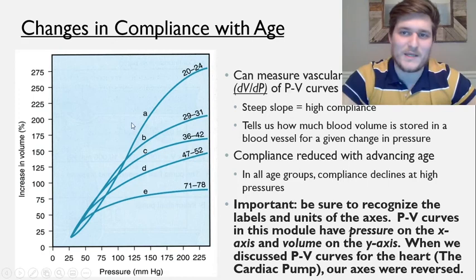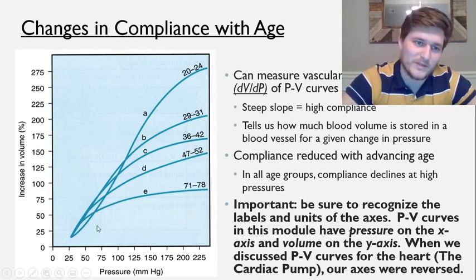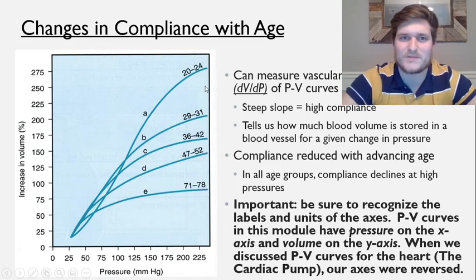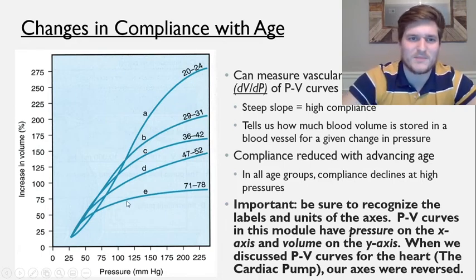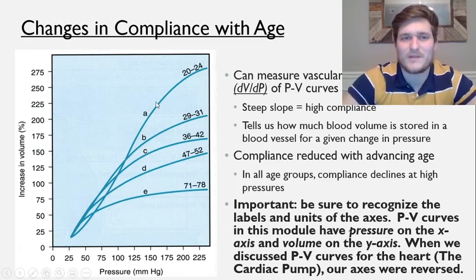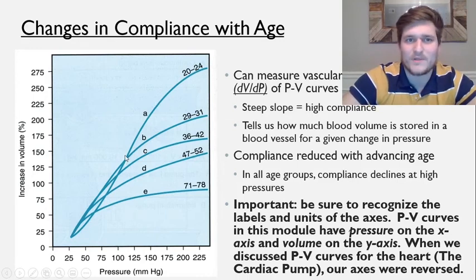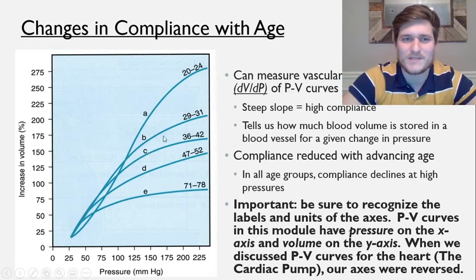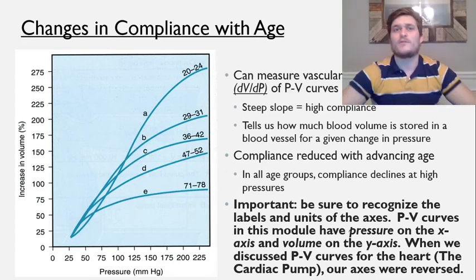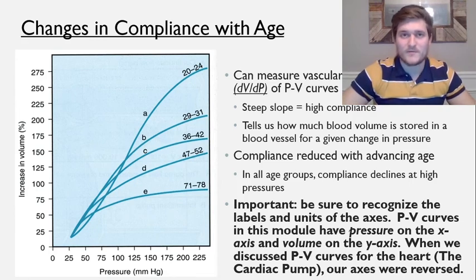So that relationship in the slope and in the curve, you're seeing both at low pressures and high pressures that you have that reduced compliance. But again, in healthy young individuals, you're going to see this increased compliance in the aortas compared to older individuals. That will conclude part 1 of the arterial system.